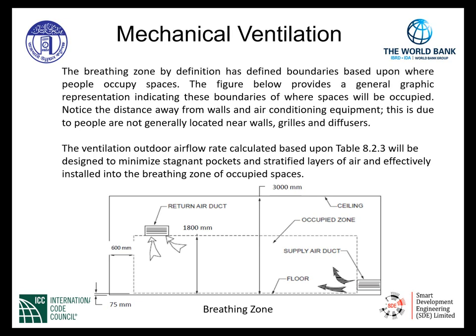The ventilation outdoor airflow rate, calculated based upon table 8.2.3, will be designed to minimize stagnant pockets and stratified layers of air and be effectively delivered into the breathing zone of occupied spaces. What's seen here in the figure below is the supply of air from the lower right-hand side being introduced into the breathing zone.